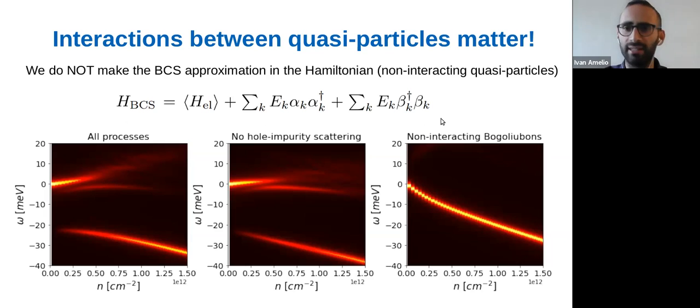And this is the BCS Hamiltonian. Well, actually, if one does this approximation at the level of the Hamiltonian, one gets a spectrum that is not physical at all. What one should do is to take the full Hamiltonian and diagonalize it in the variational subspace. The difference is that now the quasiparticles will interact, and somehow the quasiparticles will attract each other and form Cooper pairs.